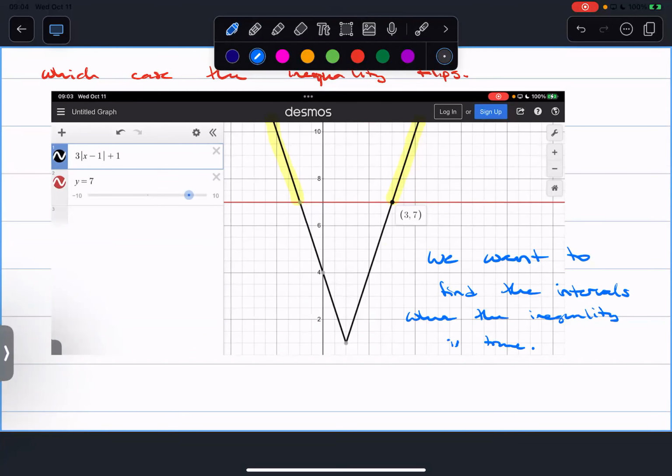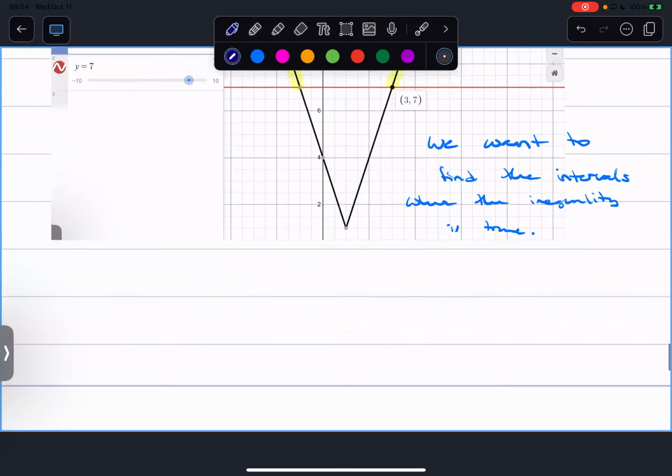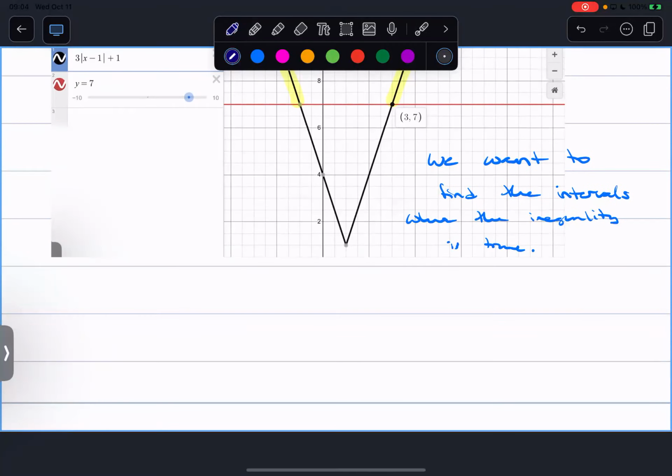What's your first thing that you have to attack here? Well, it's going to be really helpful to figure out where the intersections are, right? We can do that. Step 1, find the intersections.